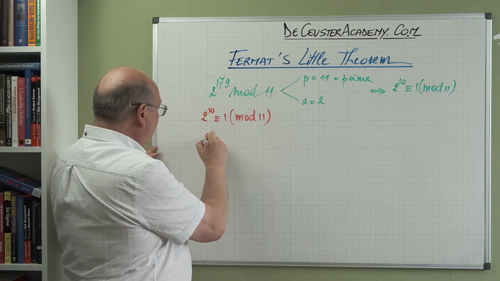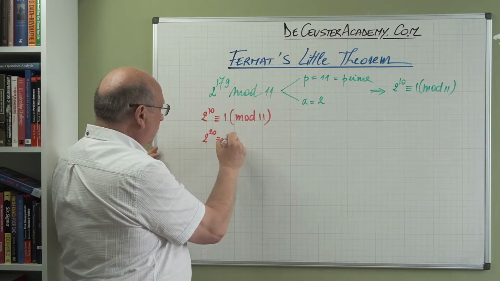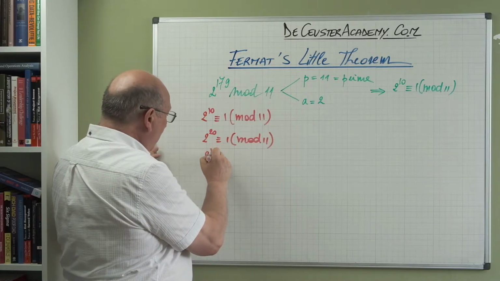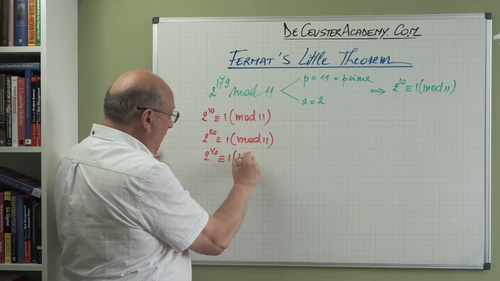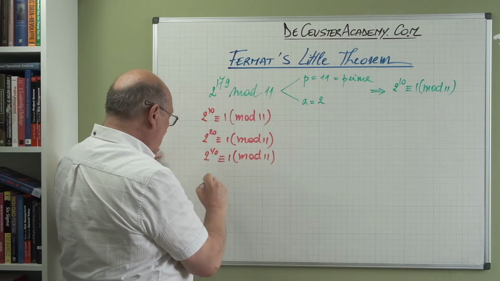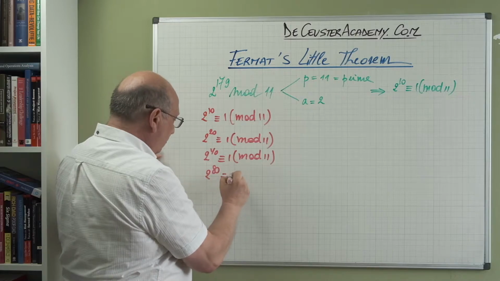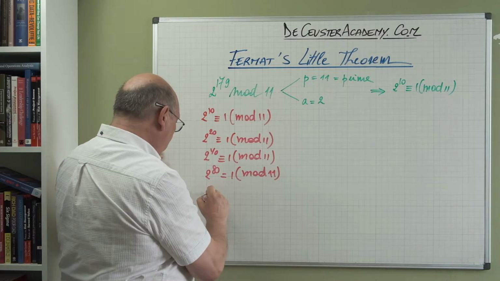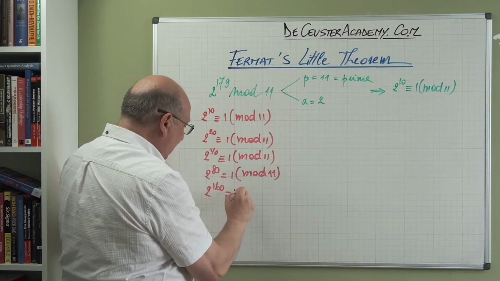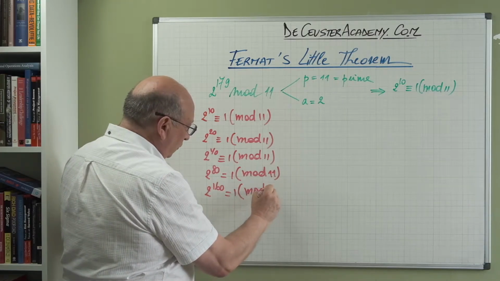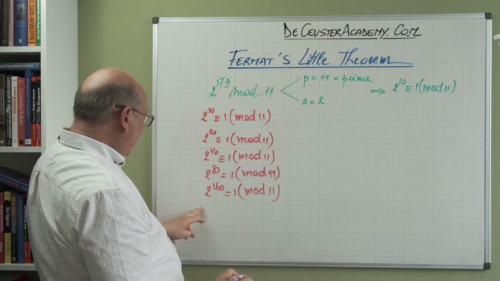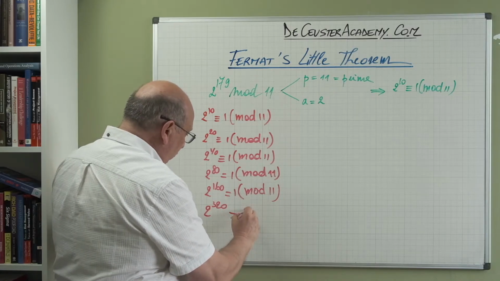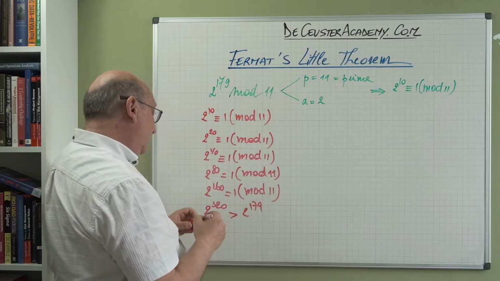We take the square of this, so 2 to the power 20 is congruent with 1 modulus 11. 2 to the power 40 is congruent with 1 modulus 11. 2 to the power 80 is congruent with 1 modulus 11, and 2 to the power 160 is congruent with 1 modulus 11. And we see the next one, 2 to the power 320, will be larger than 2 to the power 179.